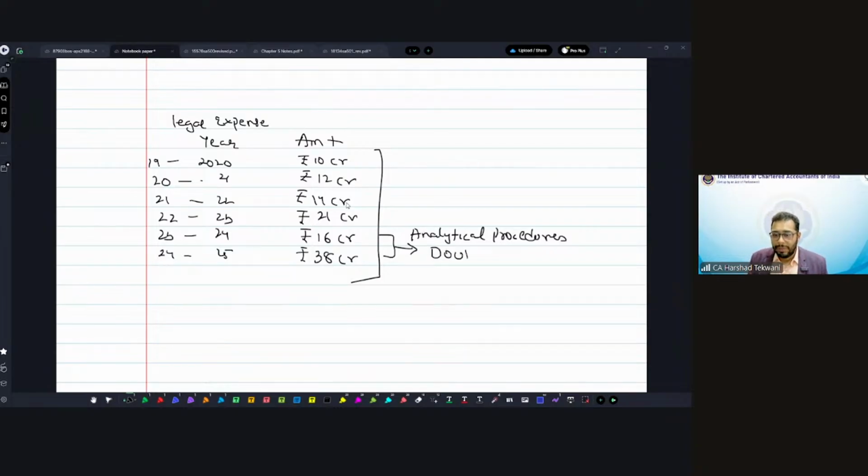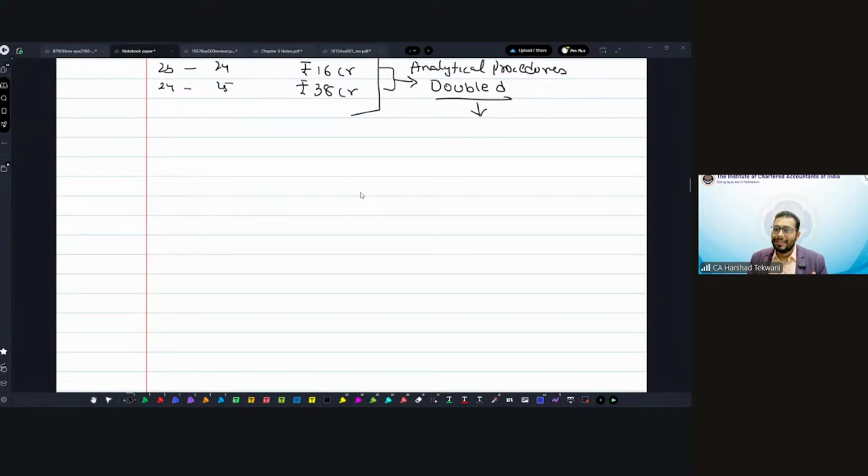Whatever the percentage of increase, I'm not going into that. For this doubling, you will go and do a grouping-wise or vendor-wise analysis.